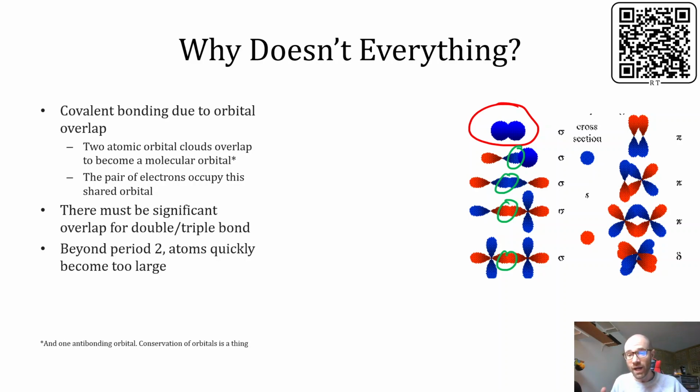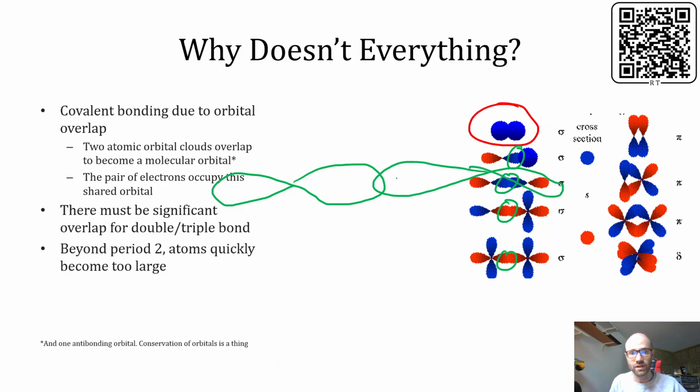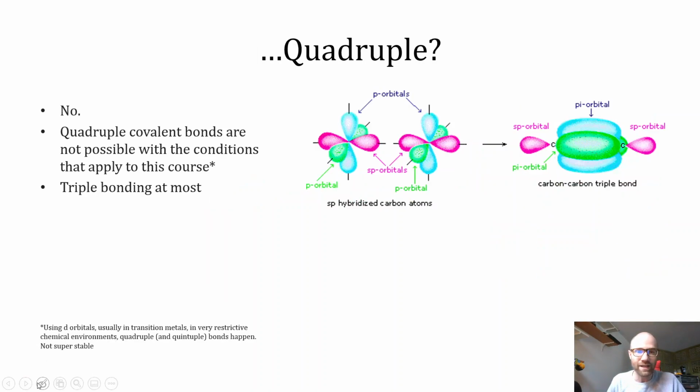In order to make a bond, you have to have a good amount of overlap, and the simple fact is that if you have a really big p orbital, a really big one of these dumbbell-shaped orbitals, my drawing is awful, the amount of overlap that you get decreases as the orbitals get bigger because the clouds get more diffuse, and it's really hard to literally get them close enough to get that good overlap. So really, this multiple bonding is a thing, but it really only happens with these period 2 elements that are nonmetals.